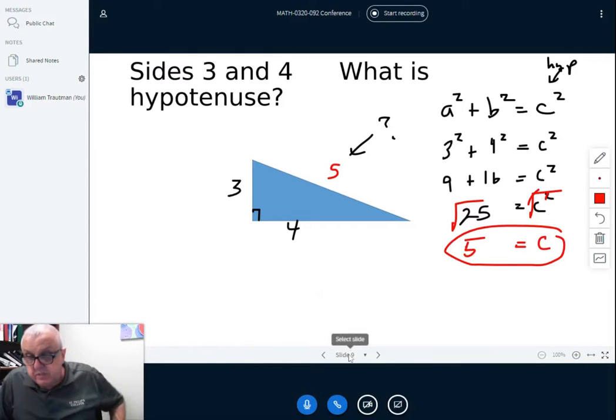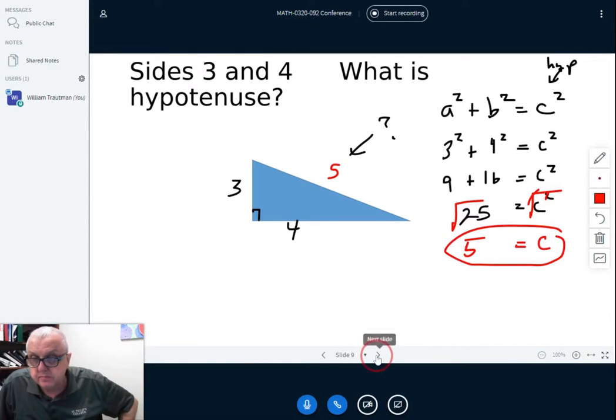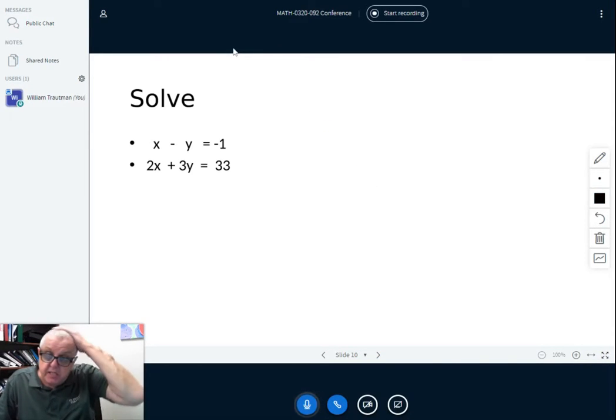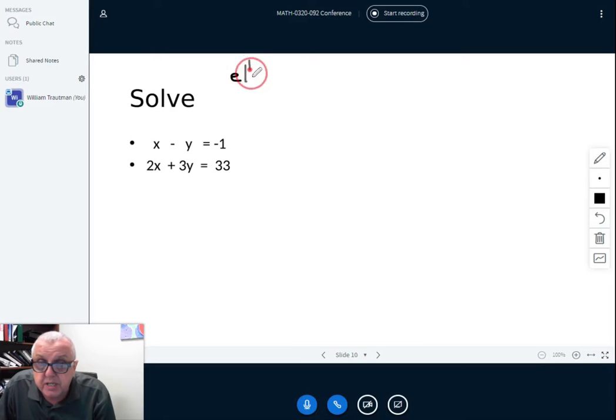All right, moving on. Solve this. We're going to solve this using the elimination method. You've learned the elimination method and you learned the substitution method.